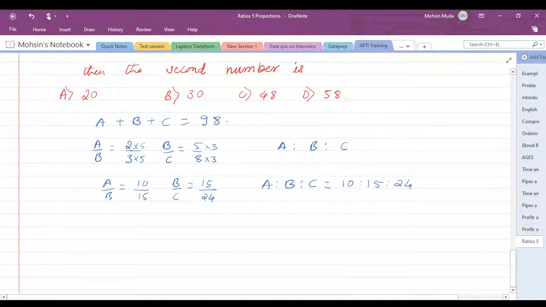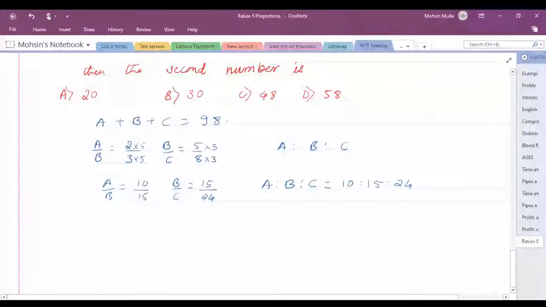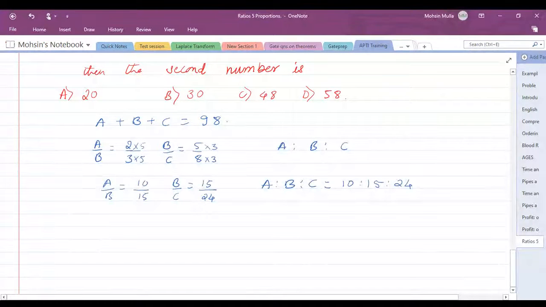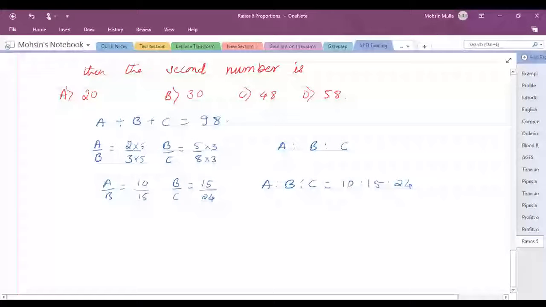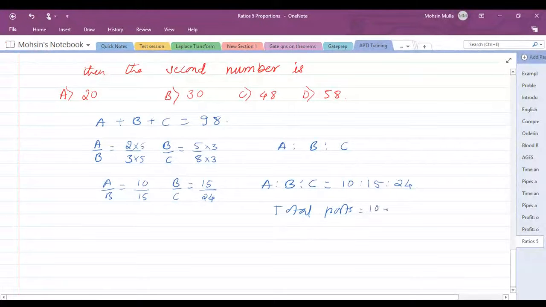Fine. Now they have given the total value. Like earlier they had given 782 rupees, here 98 rupees is given. Out of that, what is the share of B? It is 15 parts. So we have to get the per part value, so obtain the total parts. Total parts are 10 plus 15 plus 24, which equals 49.